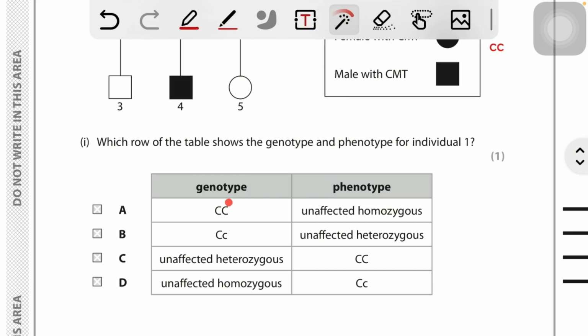Let's cross out the wrong one first. Genotype, these are correct, these are not genotype. Okay, it's the wrong way around, so already eliminated. So the answer is between A and B. So unaffected homozygous or heterozygous.